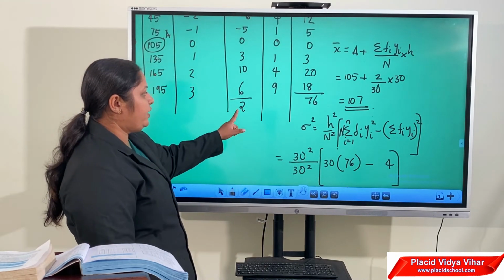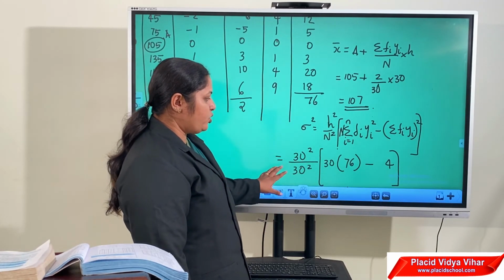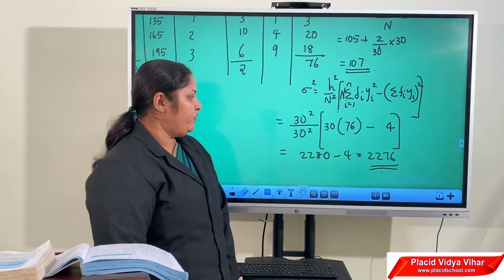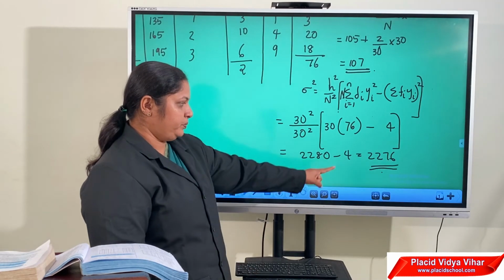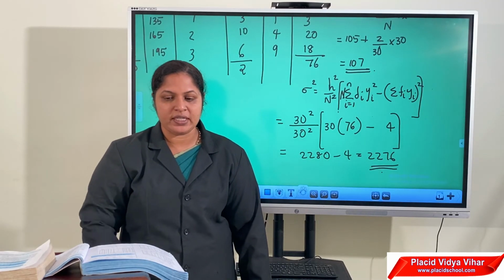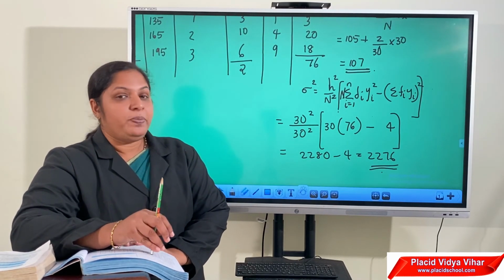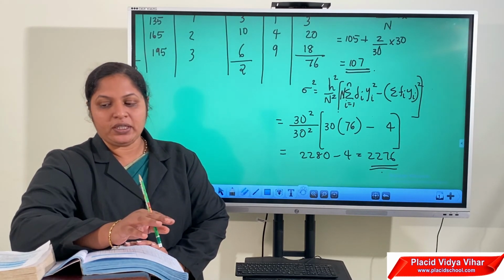Sum of Fi yi we have as 2, the square is 4. Therefore 30 square and 30 square will get cancelled. 30 into 76, we will get 2280 minus 4. The variance is 2276. That is how we find the variance and mean of a continuous frequency distribution using the shortcut method.